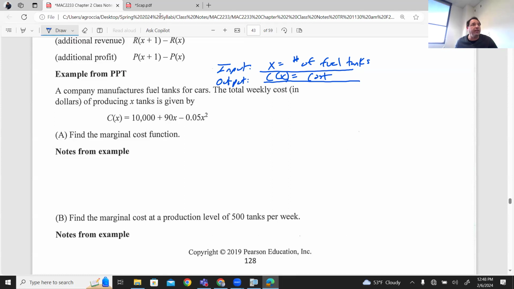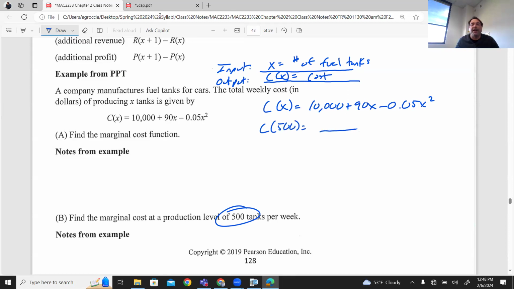Now, I'm going to give you the whole thing. I want you to do it, check it in the calculator, everything. So basically, you have your cost, and we're going to do it in the calculator. So I'm not going to show as much work as last time. That was really a good setup problem. I want to find out what happens at 500 tanks per week. So I want the cost of 500 in a sentence.